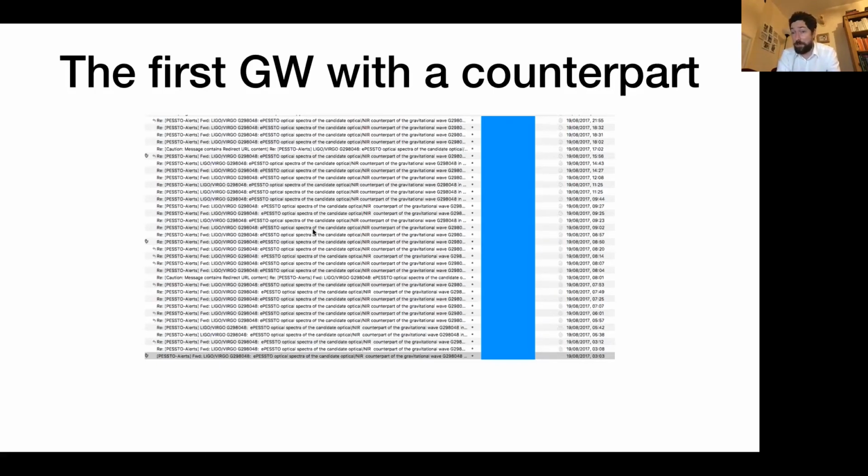What was also quite fun is that this was again one of these very open secrets in the community. Everybody knew a gravitational wave had been found and a counterpart had been found, but because formally this was not publicly shared, you got many slightly cagey emails from people.